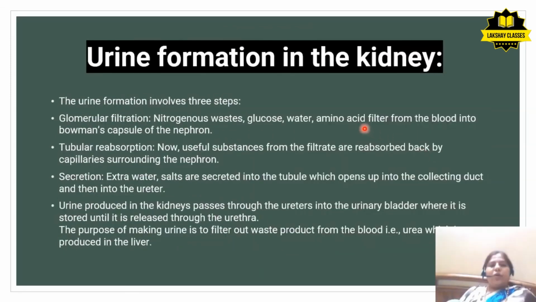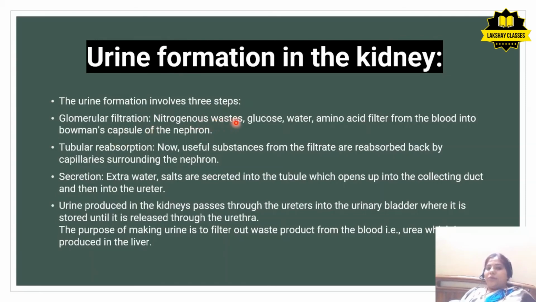So how does the formation of urine take place? Just now I explained the three steps, that is ultrafiltration, selective reabsorption, also called tubular reabsorption, then secretion. So urine formation involves three steps: glomerular filtration or ultrafiltration.